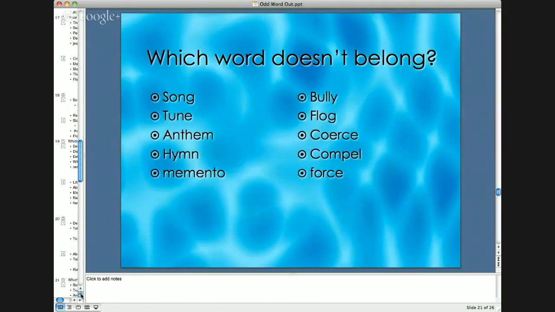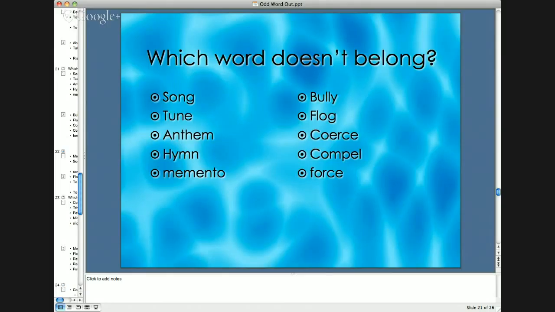What about the next one? Tune, anthem, hymn, memento. Which word is the odd word out? Well, we know a song, right? We sing songs, we listen to songs.